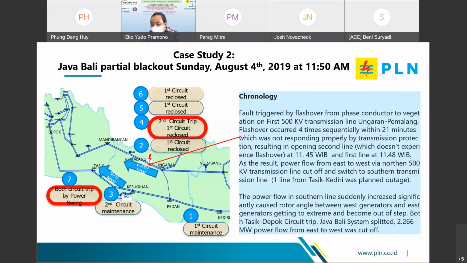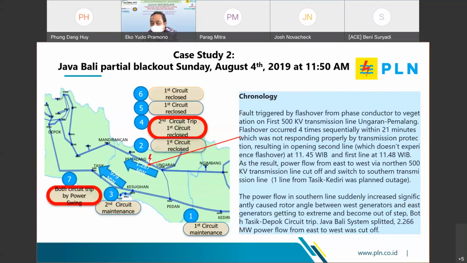It was almost the same situation as before in February 2015, but the phenomenon of this split was different. I will explain the chronology.